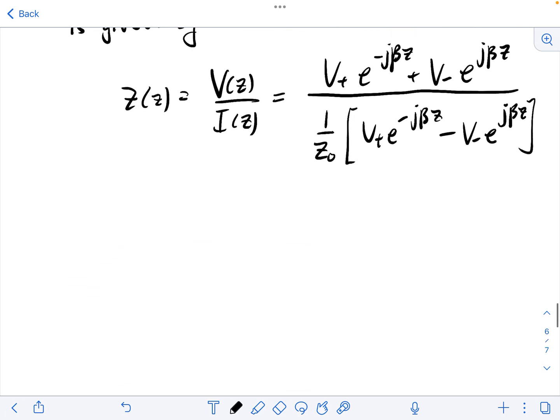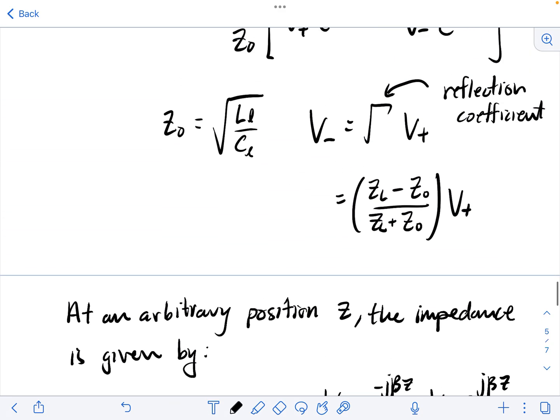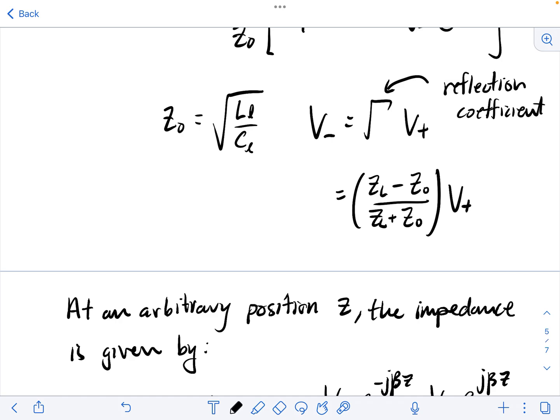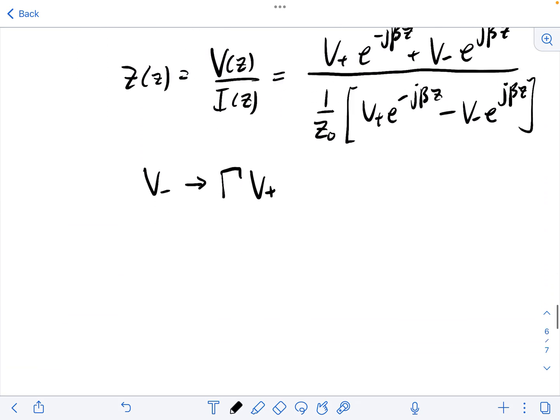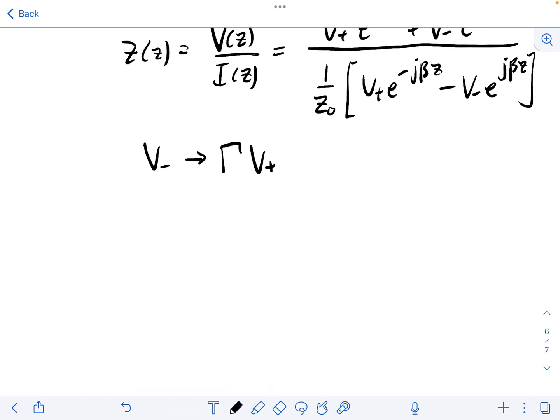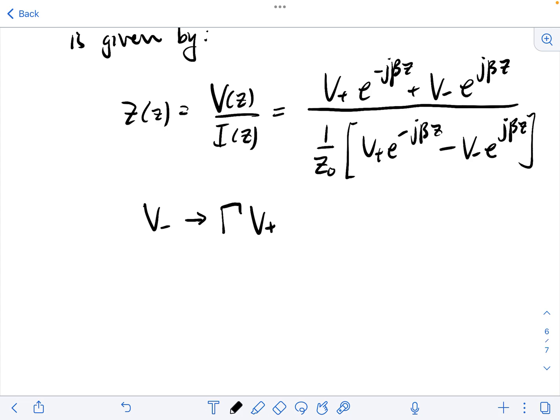I'm going to put the Z naught in the numerator, and I'm going to replace V minus with gamma times V plus. That was the relationship we had worked out before. So we can write V minus in terms of the reflection coefficient and the V plus coefficient. If we do that, then each term in the numerator and the denominator will have a V plus that we can factor out.